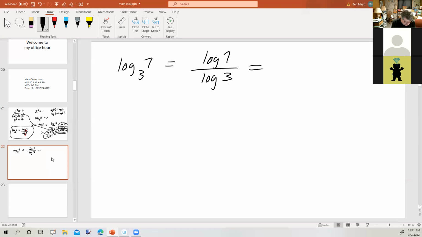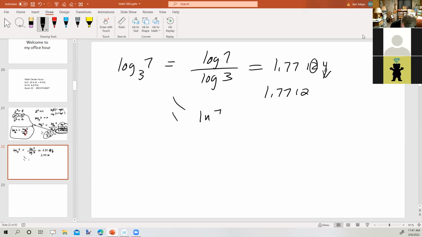So on my calculator, log of 7, close it up, divided by log of 3, close it up, and I get 1.77124. It said to 4 decimal places, the 4 would round down, so I'd get that.